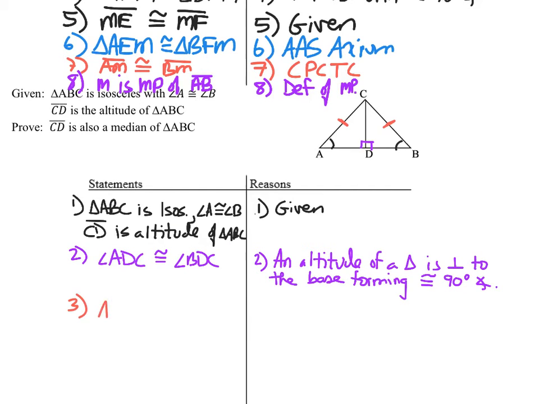I can state that AC is congruent to BC for a few reasons. But the most popular one, because it's in an isosceles triangle, two sides are congruent, but I could also state, and this works for triangles in general, in a triangle, sides opposite congruent angles are congruent.